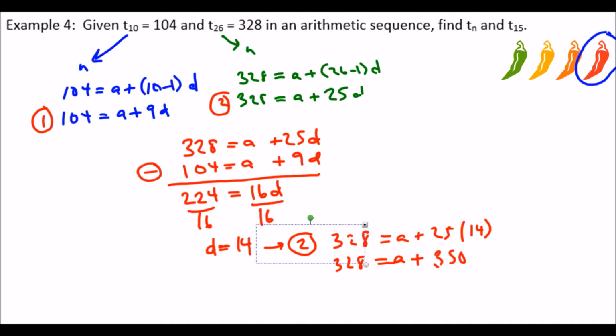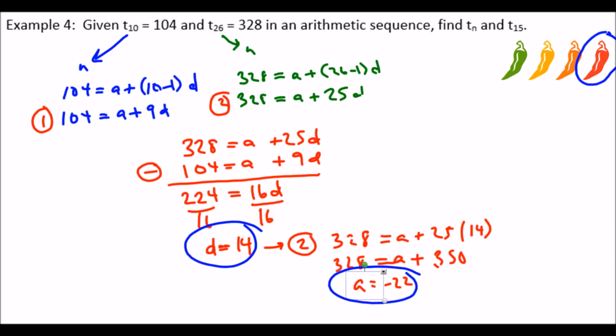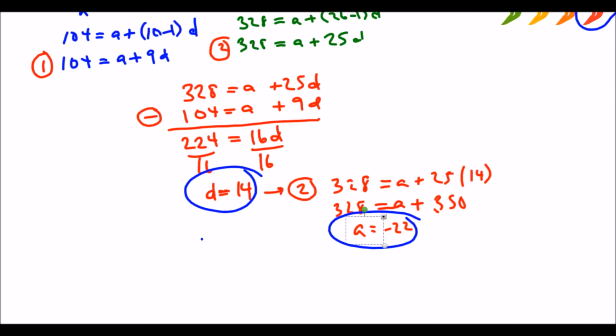And so 328 minus 350 is, A is equal to negative 22. So I've got my D, I've got my A. So that means my Tn term, let's shift down a little bit here. My Tn is equal to negative 22 plus (n minus 1) times 14.